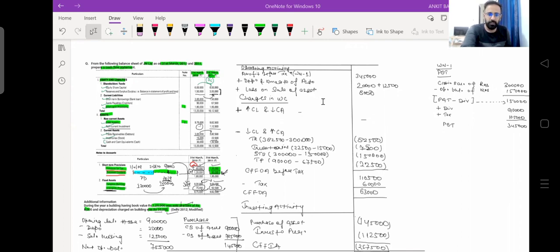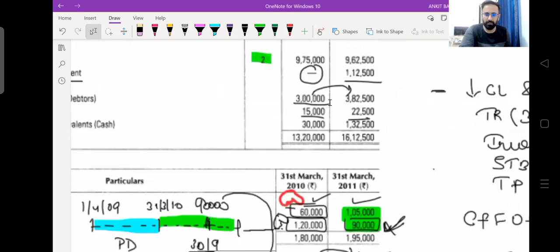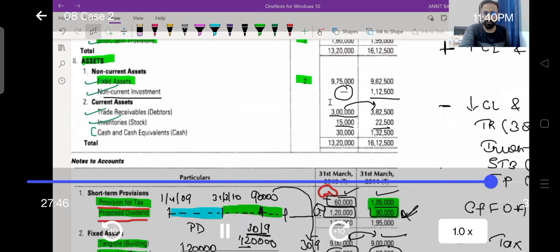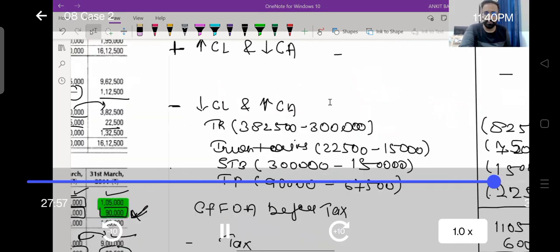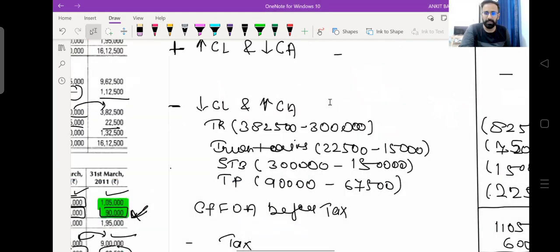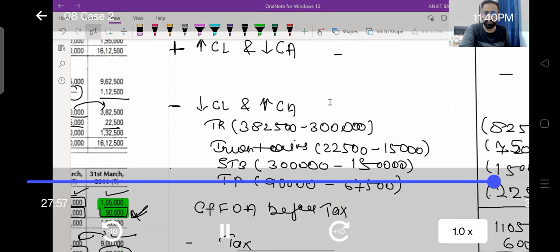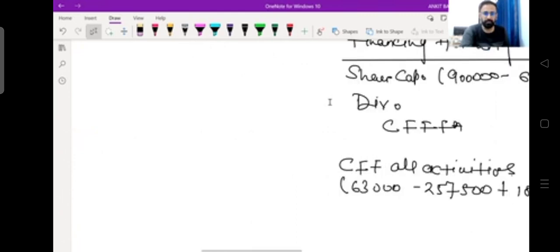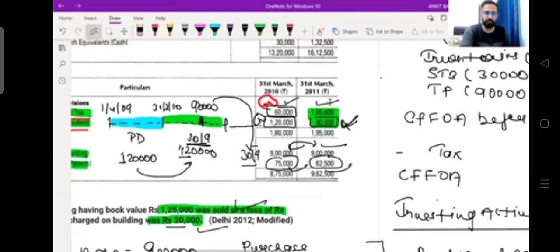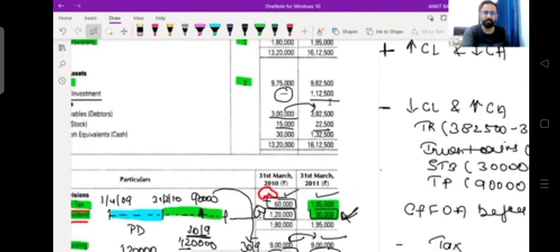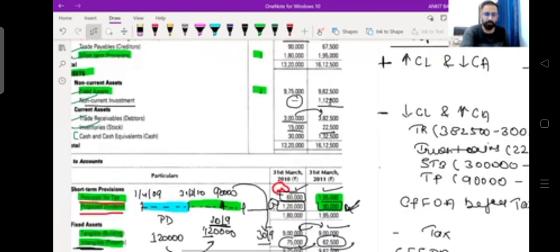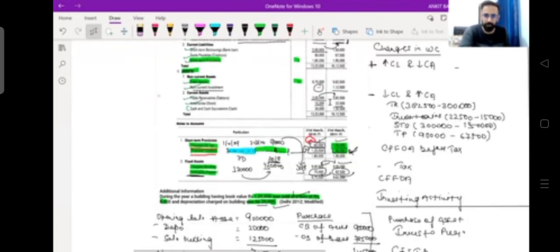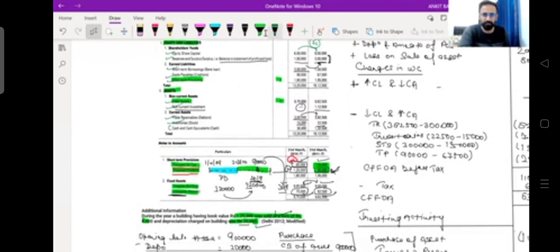If you see here, opening balance of cash is 30,000. This balance will not match with the closing balance, that is 1,500. So we have to see which transaction we have not given effect in the cash flow statement.